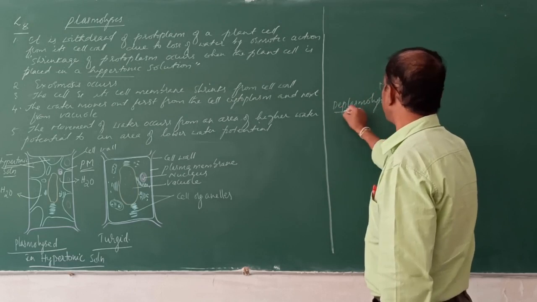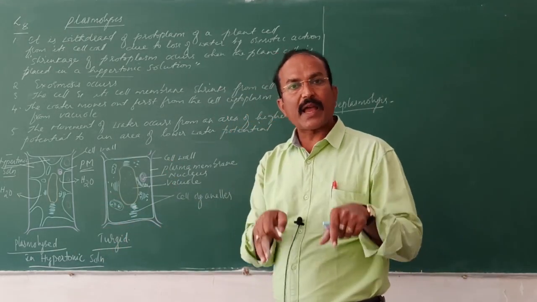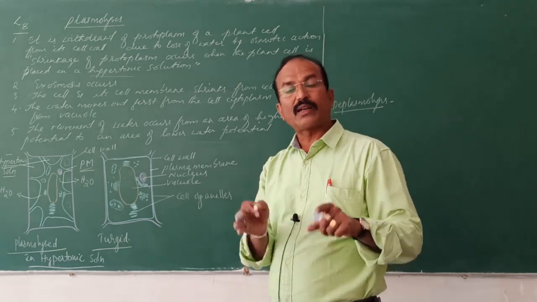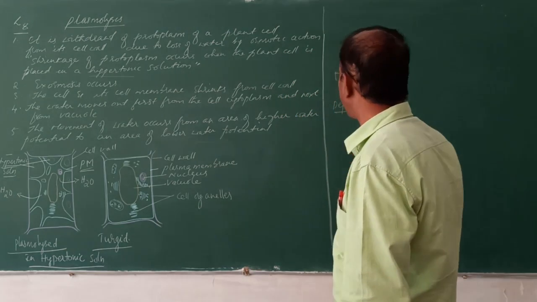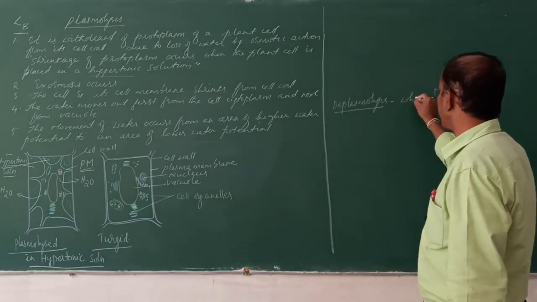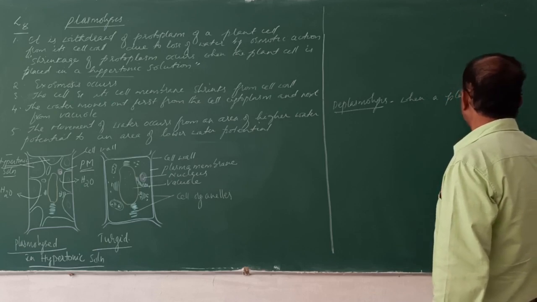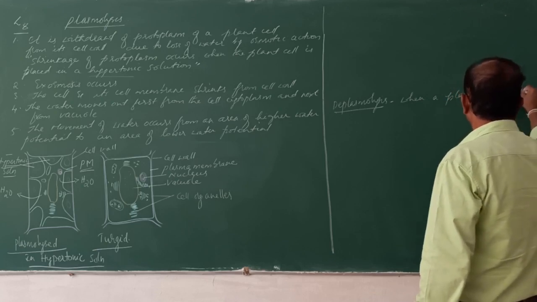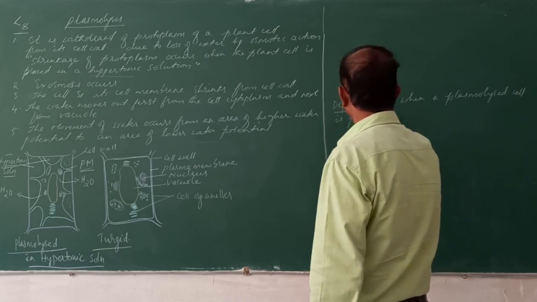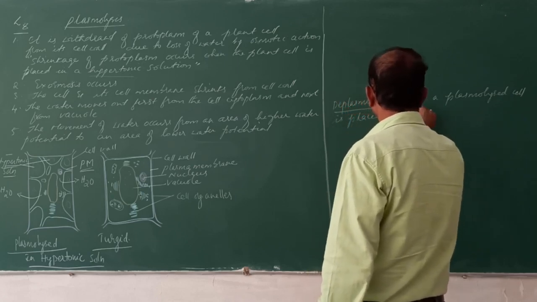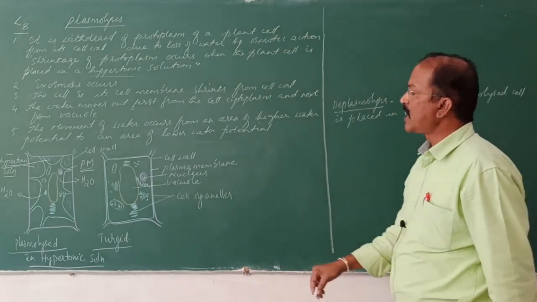What is deplasmolysis? When the plasmolyzed cell is placed in hypotonic solution, the water again enters into the cell. Understand? That is deplasmolysis. Hypotonic means outside.